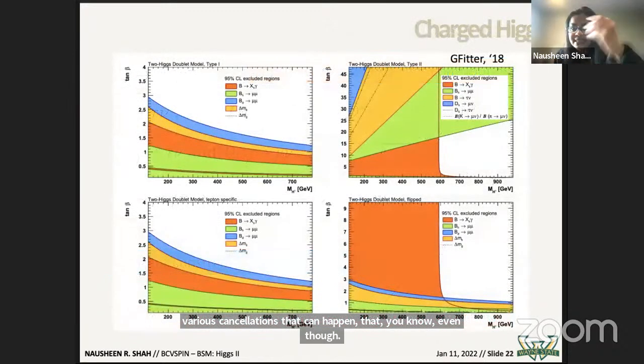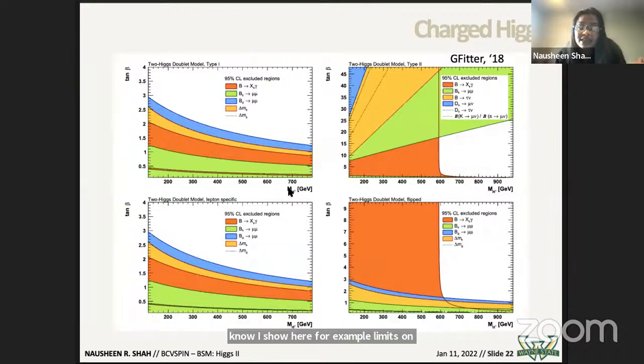I show here, for example, limits on the mass of this charged Higgs versus tan β for, again, the different types of 2 Higgs doublets. And you see, okay, in this particular one, b→sγ really rules out everything below 600 GeV for the charged Higgs mass. But maybe there are additional particles in your theory, which would actually cancel this contribution. And so in that particular model, you would be allowed to live in it.